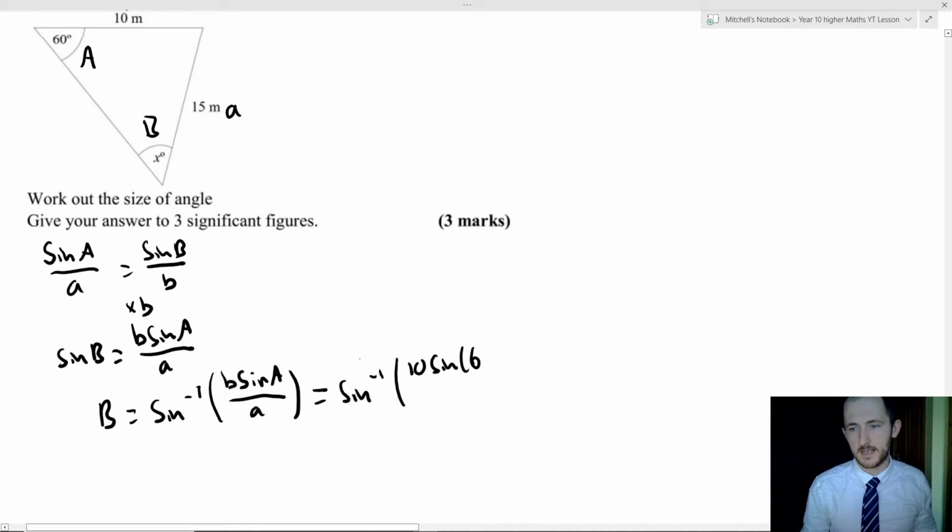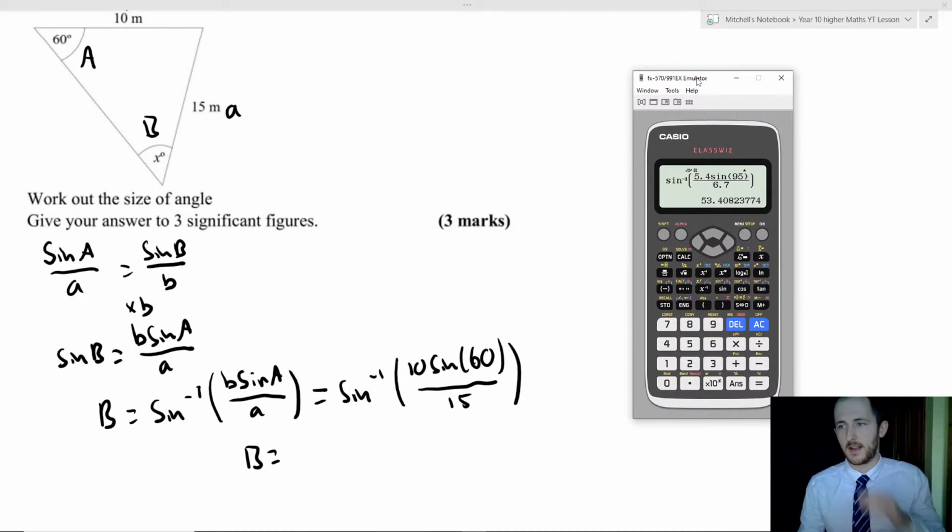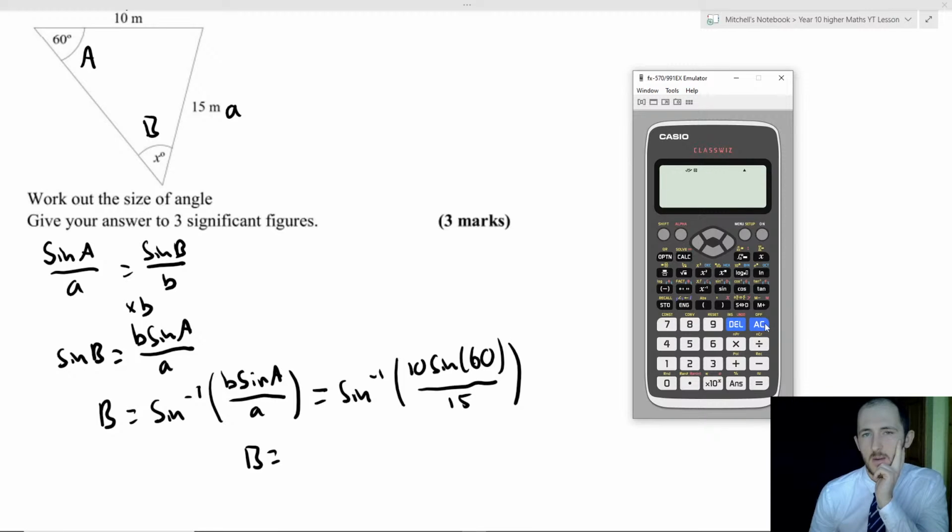Sine of 60. Lowercase a is 15. So then B is just equal to, well, let's work out what B is equal to by doing it on our calculator. So I could cheat and just edit what's in here, but given that it's unlikely you'll get 2 sine rules in a row, I'm going to reset it.